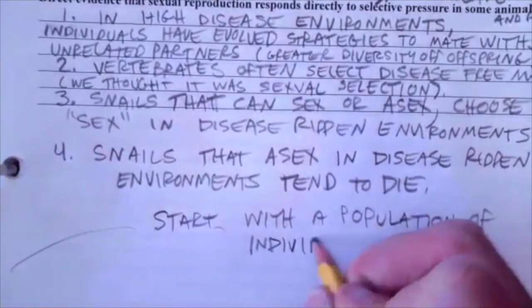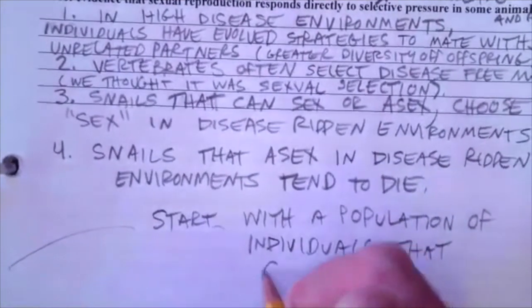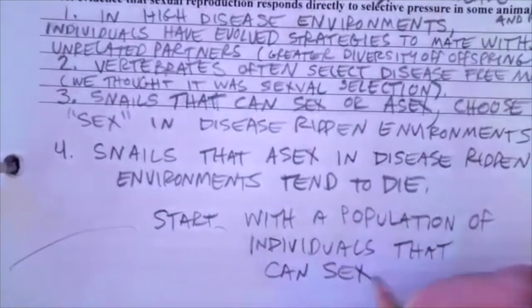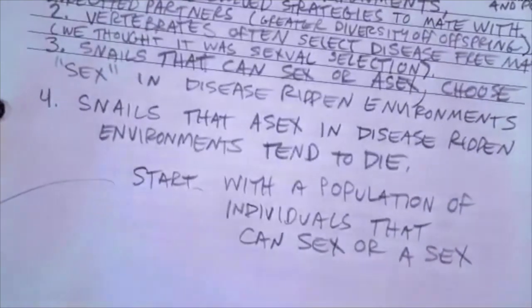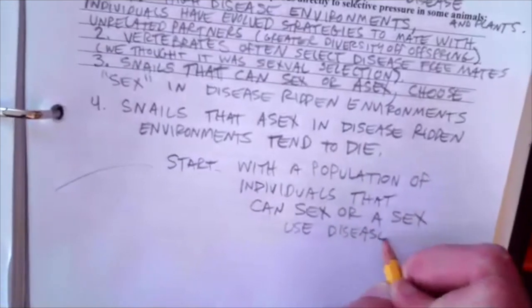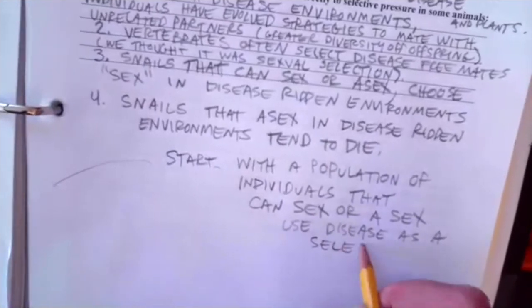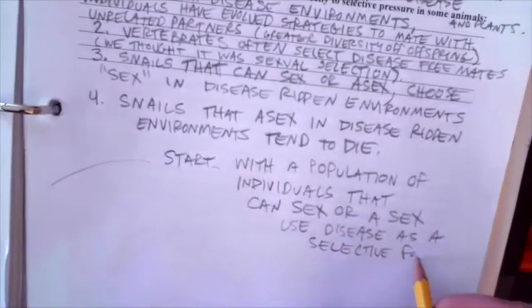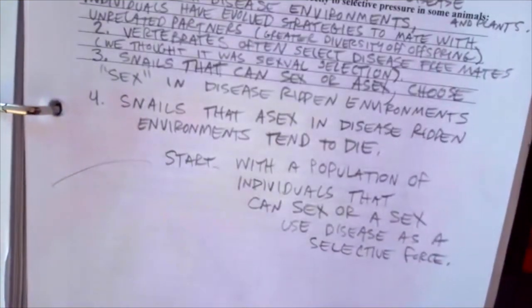We haven't even done meiosis yet. Start with a population of individuals that can sex or asex in your attempt at this question, okay? And use disease as a selective force. And we are going to watch a 2-minute video that I made to help do this. Start with a population that can sex or asex, and then use disease as a selective force.